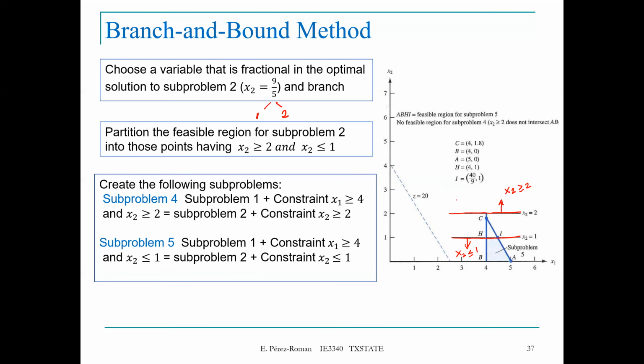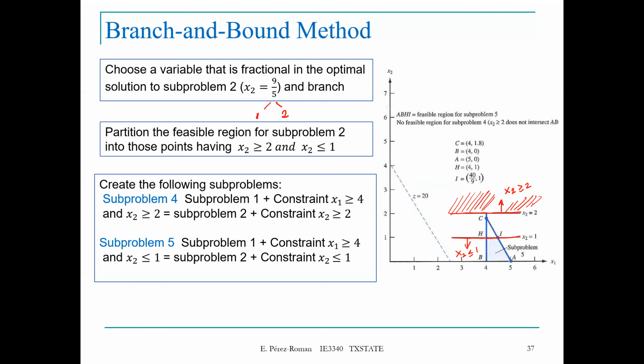If you look at this, the feasible region for this new subproblem is outside the original feasible region for subproblem number 2. So anything above that line is infeasible because it's not part of the feasible region. So we can focus then on x2 less than or equal to 1, which is still cutting part of the feasible region and is making this problem a little smaller.